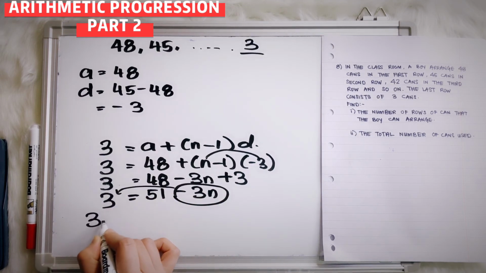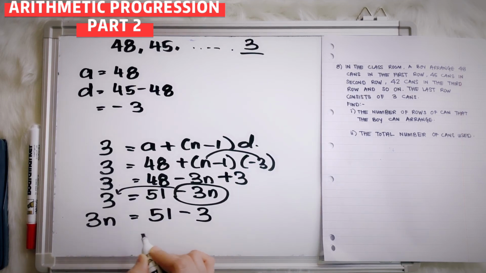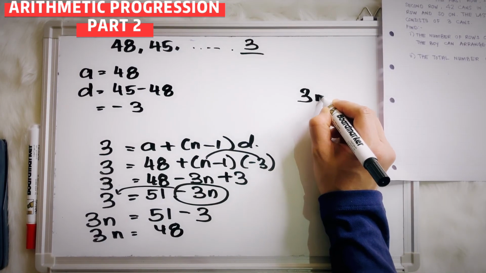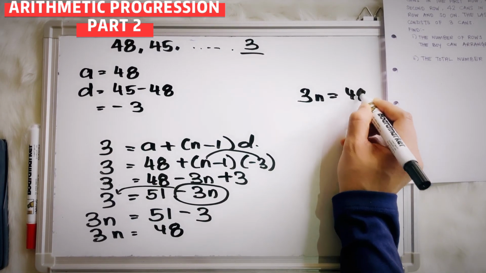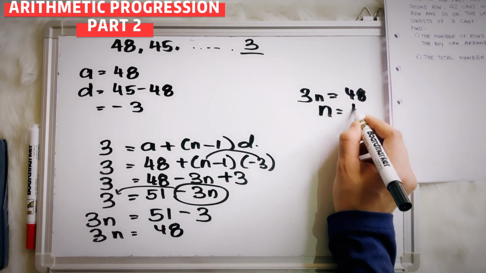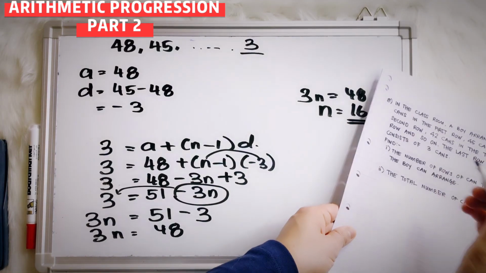So 3n equals 51 minus 3, which is 48. So 3n is 48, and your n will be 16. So that means it's 16 rows. So first question done.